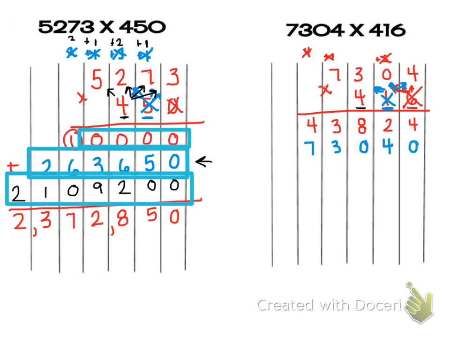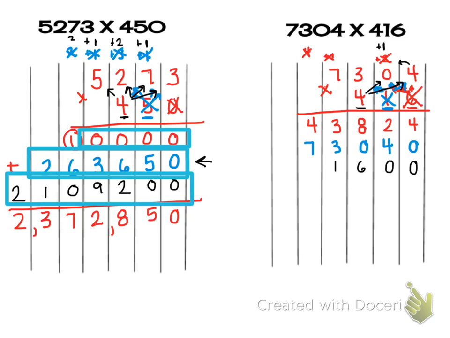Let's now multiply by the 4. The 4 is in the hundreds place, so my answer needs to be 100 times bigger. Therefore, I add 2 zeros. 4 times 4 is 16. I carry the 1 one space over from the 4. 4 times 0 is 0, plus the 1 is 1.